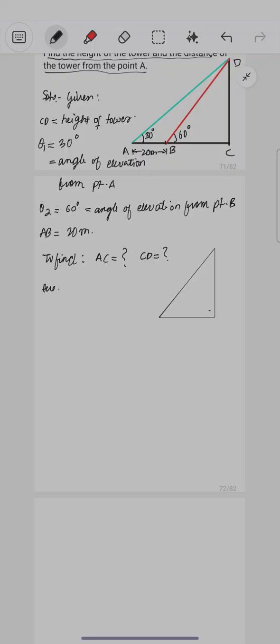Here AC will be AB plus BC, AB is 20 plus BC.